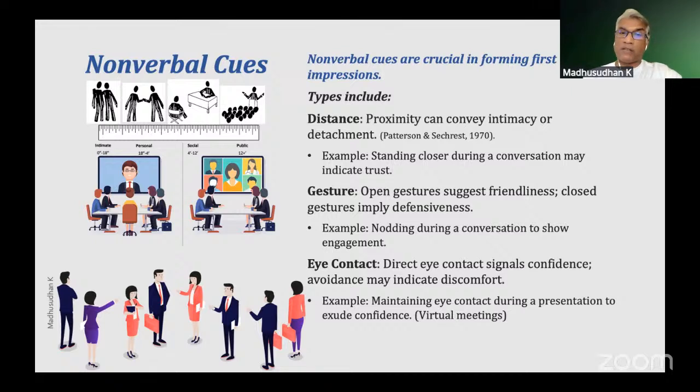Eye contact is very important in non-verbal cues. It is very crucial in forming impressions. Direct eye contact signals confidence. Avoidance may indicate discomfort. While you are talking in a web meeting or net meeting, you have to look into the camera so that the other person sees that you are paying attention to what is being discussed, and whether you are interested in that topic or not.